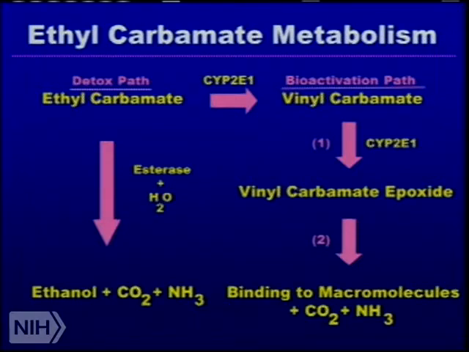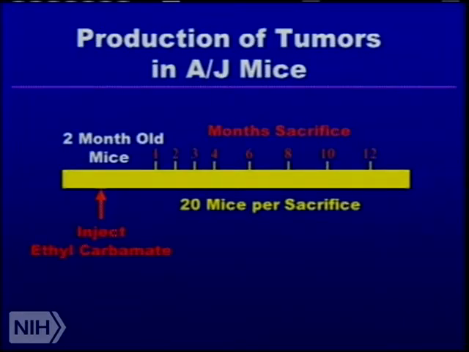There's also a bioactivation pathway that utilizes CYP2E1 to form a vinyl carbamate intermediate, which is then metabolized to vinyl carbamate epoxide, and it is this epoxide molecule that is able to bind to various macromolecules and proceed with carcinogenesis. So our standard protocol was to inject 2-month-old mice with ethyl carbamate and then sacrifice groups of mice at various monthly intervals up to 12 months.